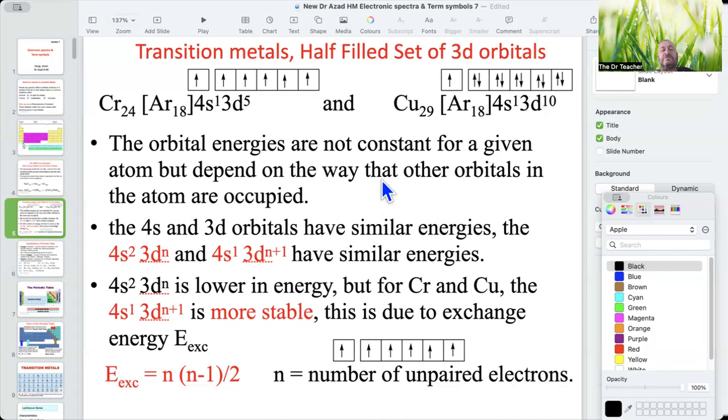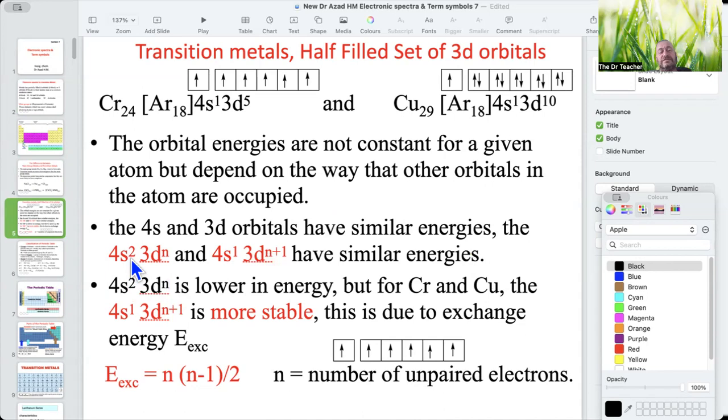Orbital energies are not constant for a given atom, but depend on the way that other orbitals in the atom are occupied. The 4s and 3d orbitals have similar energies, so 4s2 3dn, or 4s1 3d(n+1).